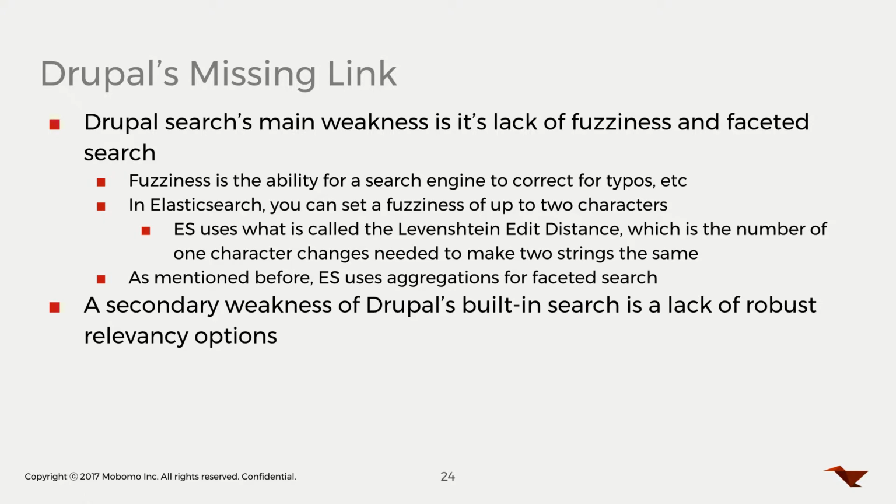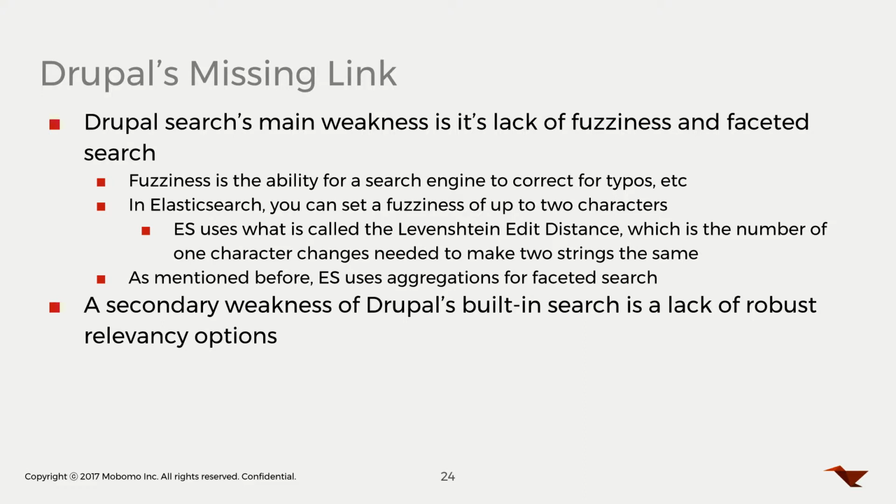In Elasticsearch, it uses a thing called the Levenshtein edit distance, which is a really fancy name for how many characters need to change for one string to be another string, which means that you can set up a fuzziness in Elasticsearch of up to 2 characters. If you try to do more than 2 characters, basically you slow everything down really badly, so they don't really let you do any more.